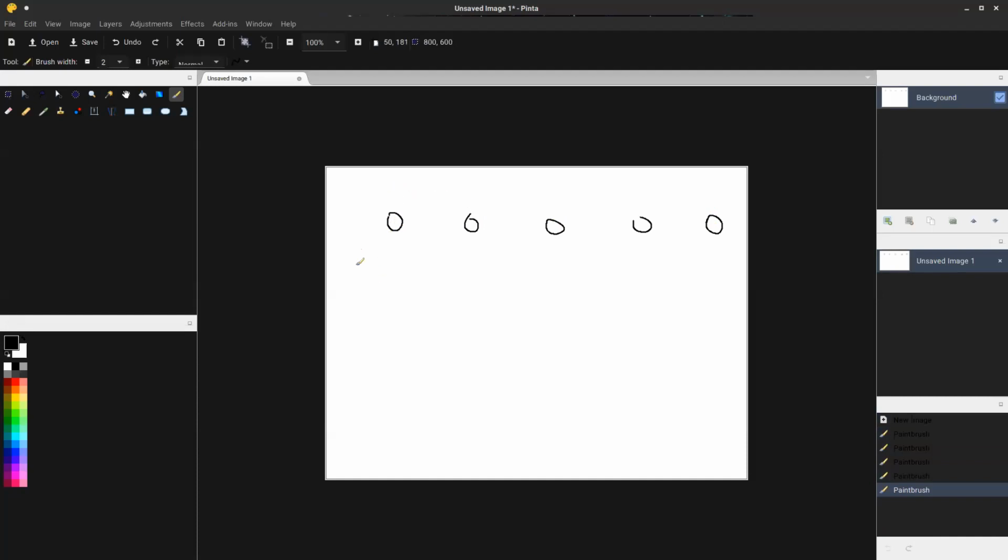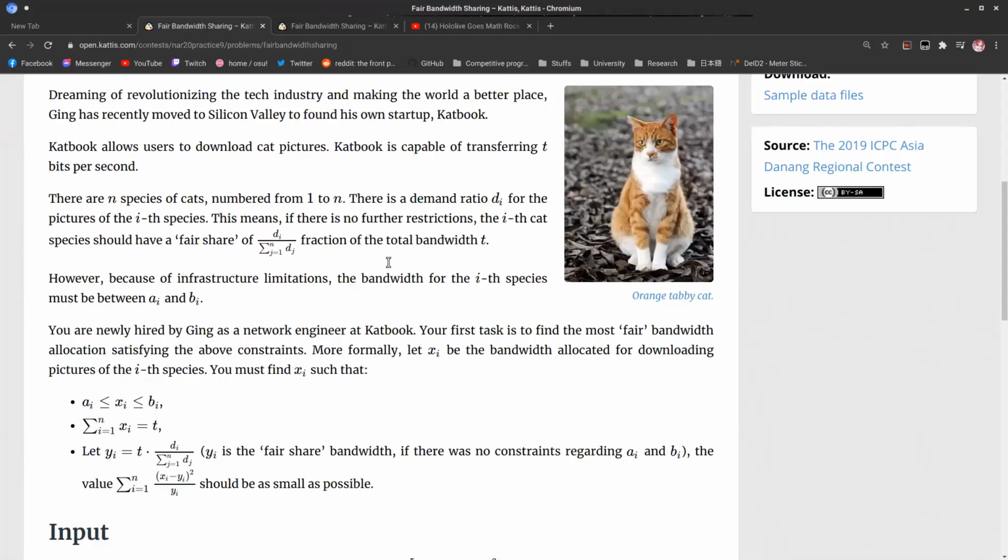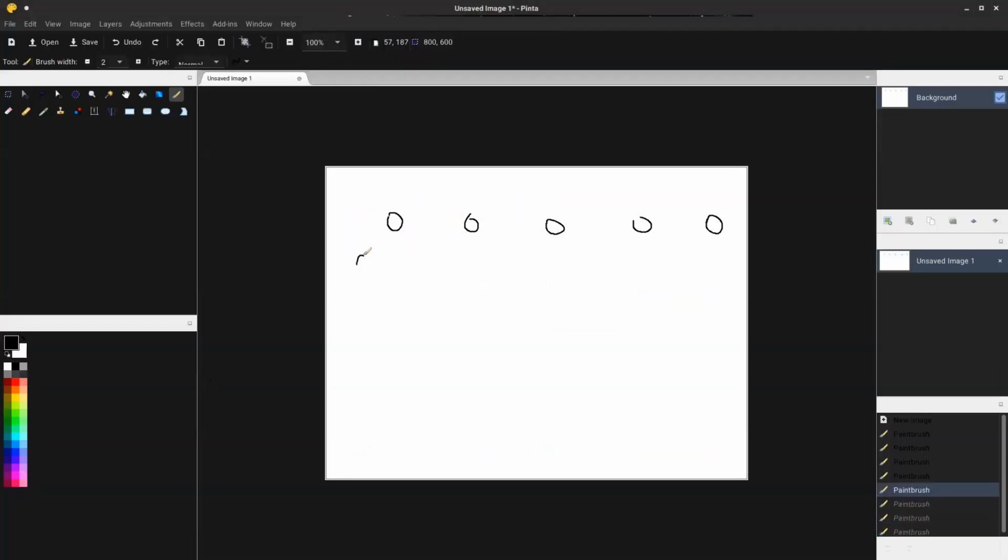You need to construct the array such that each element is between Ai and Bi, and the sum of all of these is equal to T.